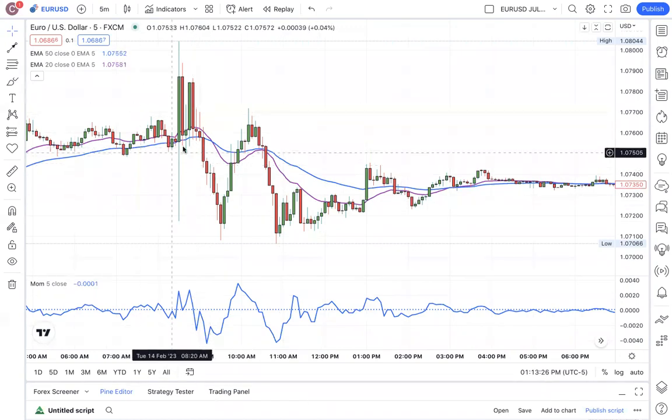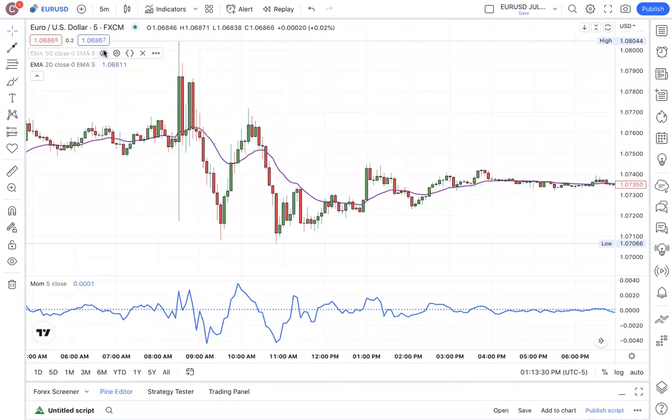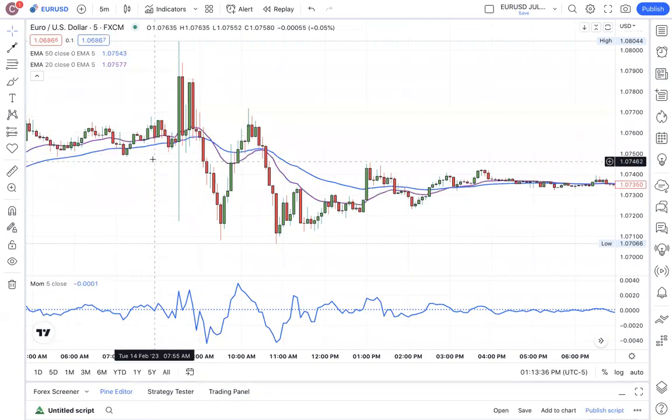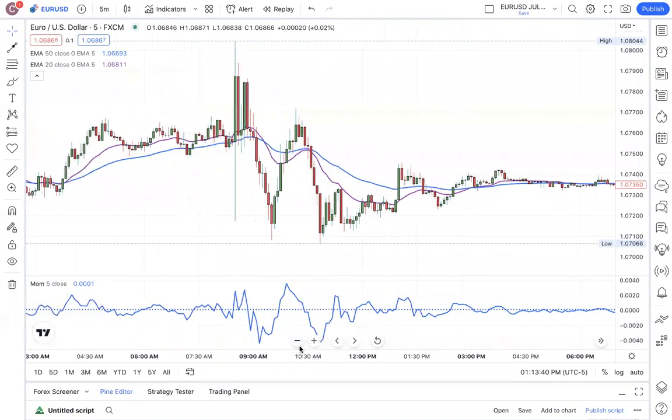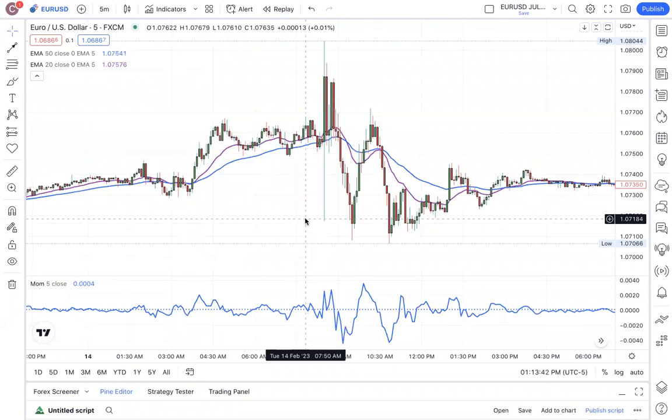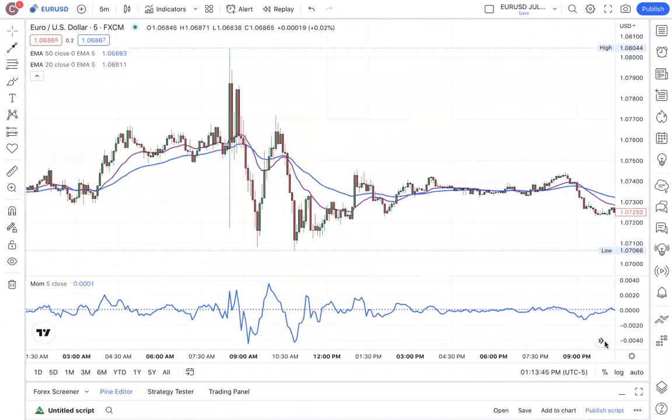Now, these two lines I have up here at the top of my chart, the top one is the 50 EMA, right, which is a blue line and it's a moving average. And the purple line is the 20 EMA. Now, EMA stands for exponential moving average, and it just lets you know what the trend of the current market is.